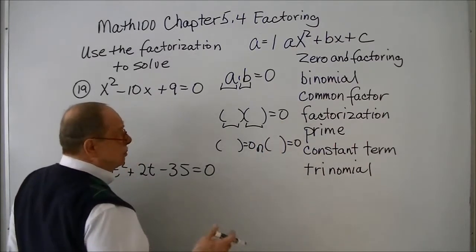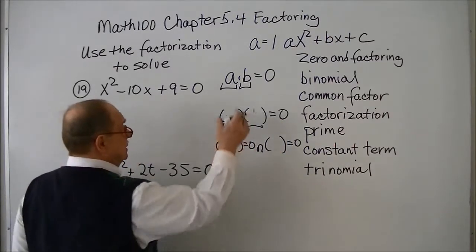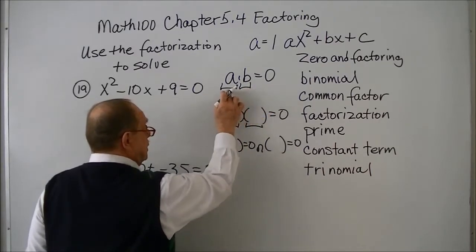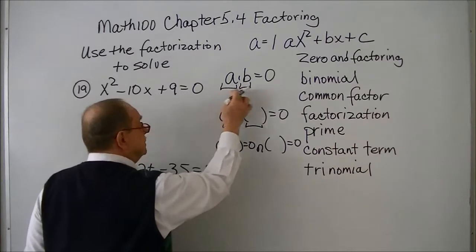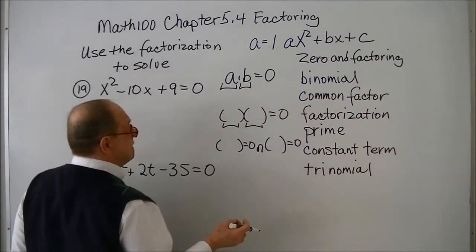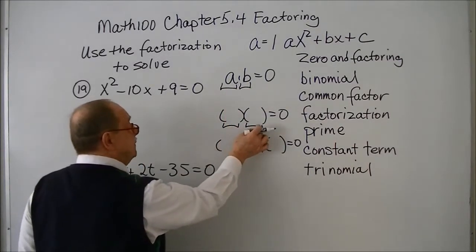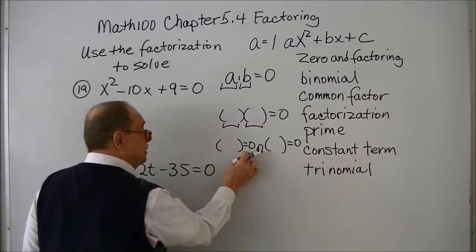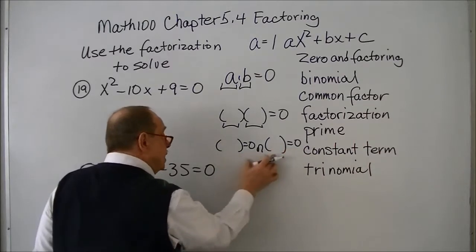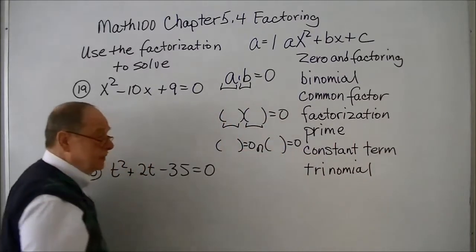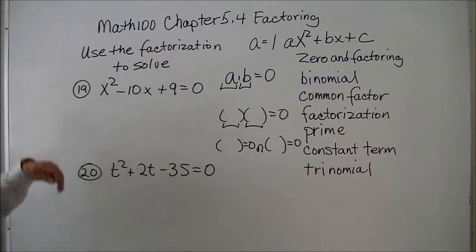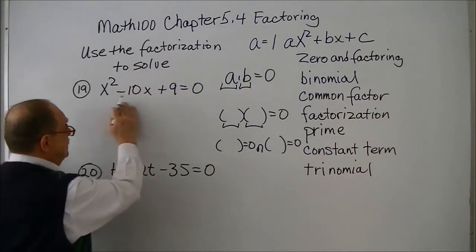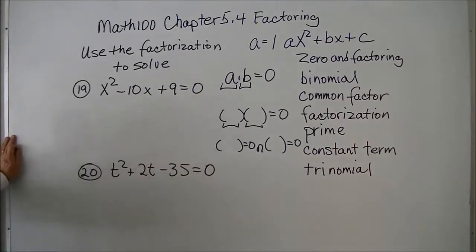This is the zero property of factoring, where you solve an equation by setting each factor equal to 0. We're going to take our factorization, set each factor equal to 0, and then solve, and you'll see how it fits in. So we're now introducing a way in which factoring can solve quadratic equations.